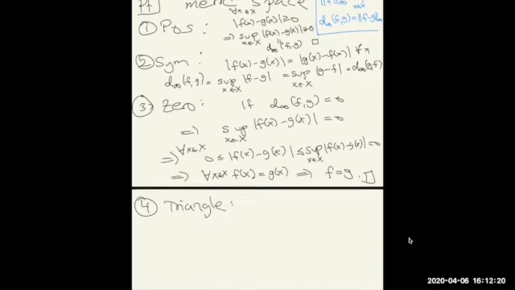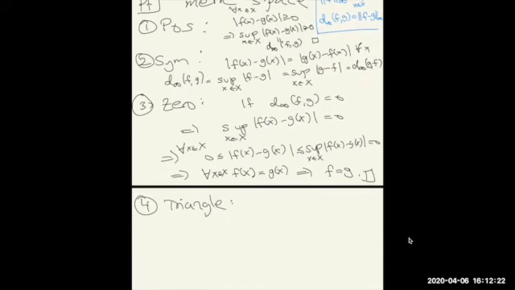Triangle inequality. This one is fairly intuitive, but one has to be a little bit careful about the quantifiers here. So let's write this out more carefully. Fix f, g, and h functions in Bxr. Let's look at the distance in infinity between f and h.